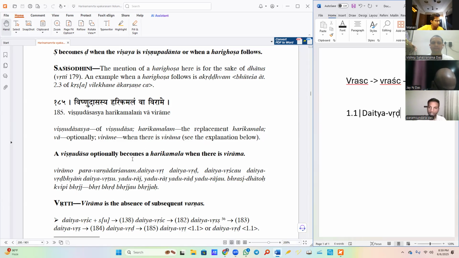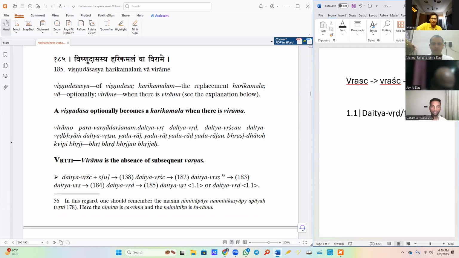So this Da will optionally become Ta. So Daitya Vrid or Daitya Vrit, two forms. So this is the form Daitya Vrid or Daitya Vrit, coming from the word Daitya Vrishch.